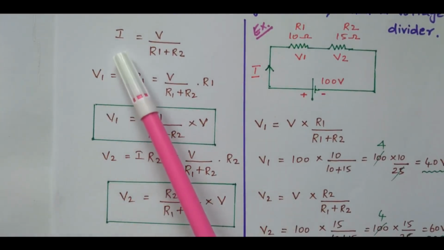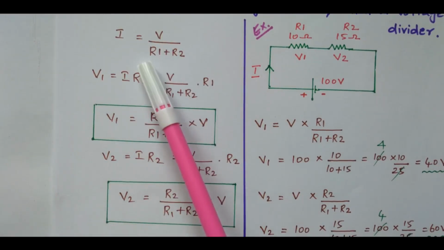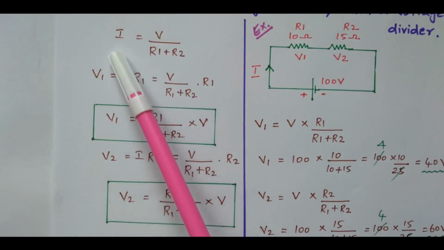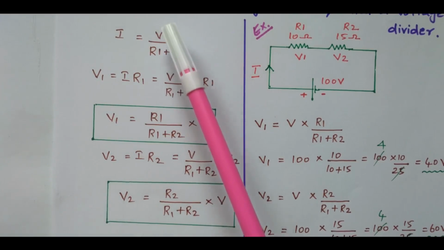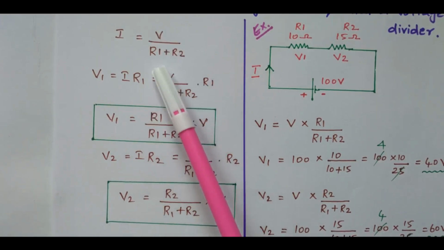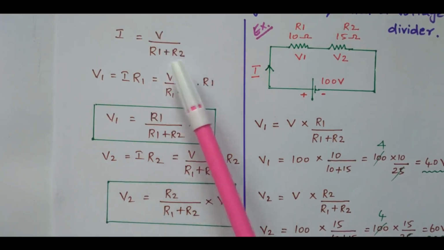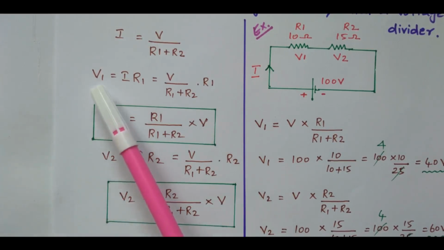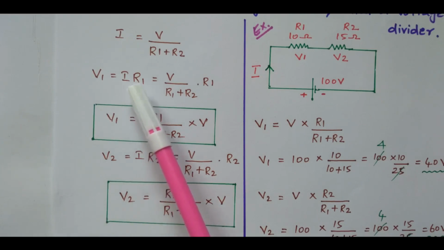Based on that, we'll go for the derivation. The total current I equals V by R1 plus R2. That is V by R, where V is the applied voltage and R is the two resistors, R1 plus R2. Then what about V1? V equals IR, so V1, the voltage across R1, is I into R1.